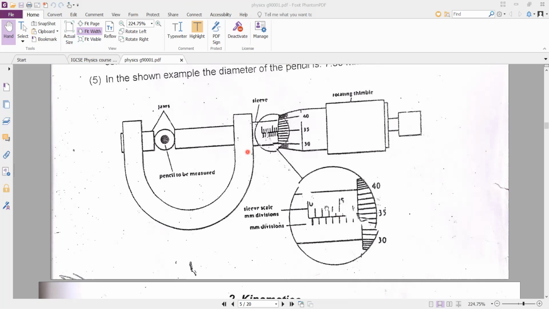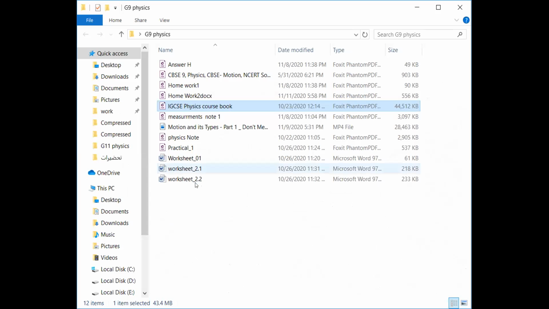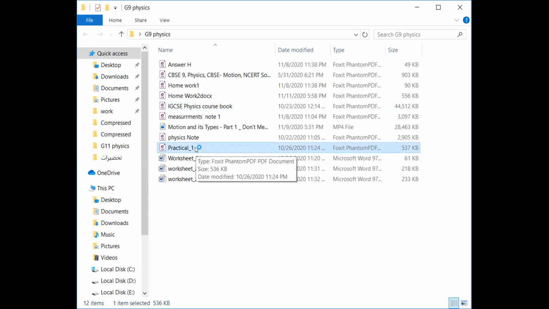Okay, then. Working examples. Practical. Next.